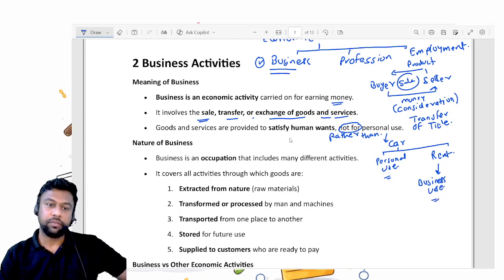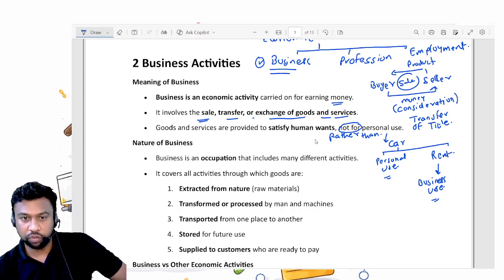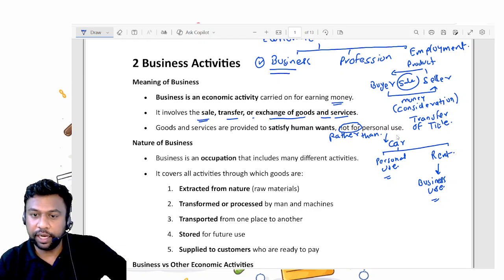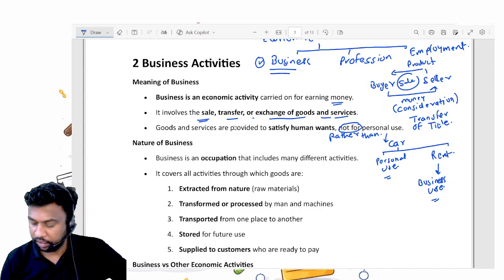Whenever you buy or sell goods, exchange goods, transfer goods or services with the intent to do transactions which will give you monetary benefit, that comes under business.